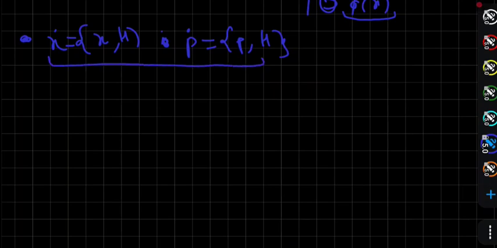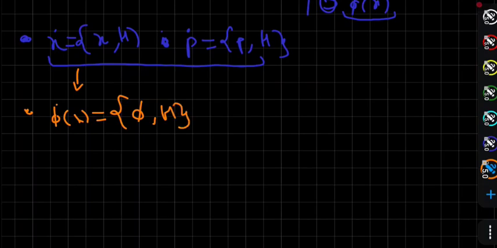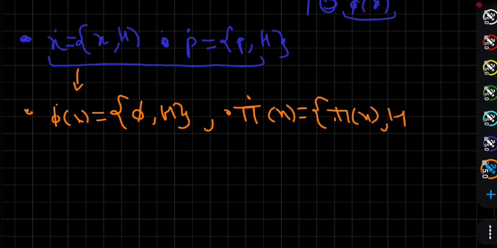In the case of the field theory, there is a slight difference. Now we define phi dot x, which equals the Poisson bracket of phi and the Hamiltonian. And just like this, second is the momentum density dot, which is defined as the Poisson bracket of the momentum density and the Hamiltonian.